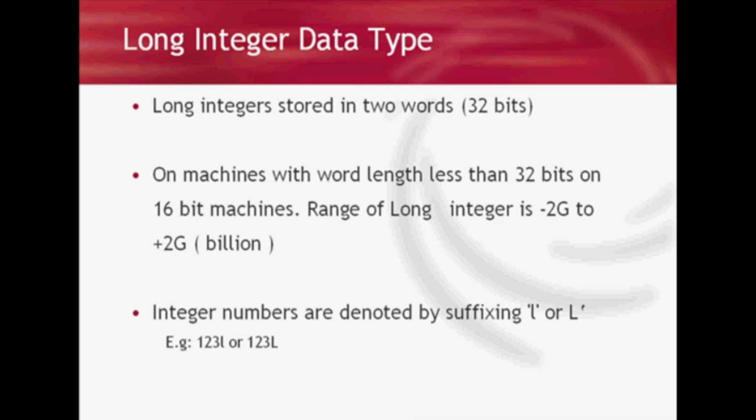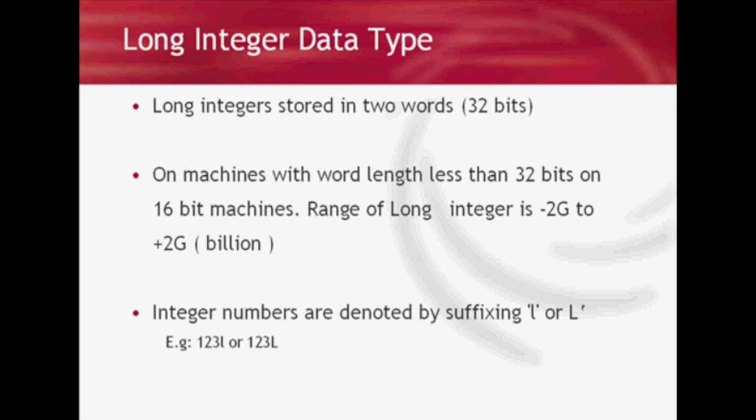Long integer data type. A long integer is stored in two words, that is 32 bits, on machines with word length less than 32 bits, on 16-bit machines. The range of long integer is -2 giga to +2 giga. A long int would occupy 4 bytes of memory, which is double the size of integer in a 16-bit environment.